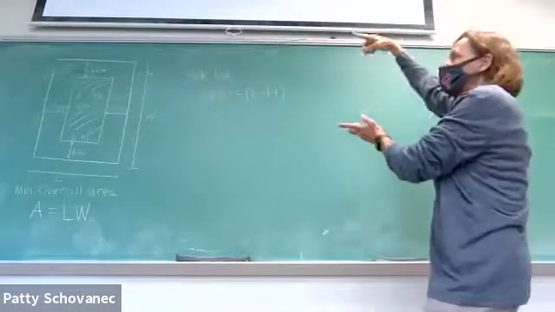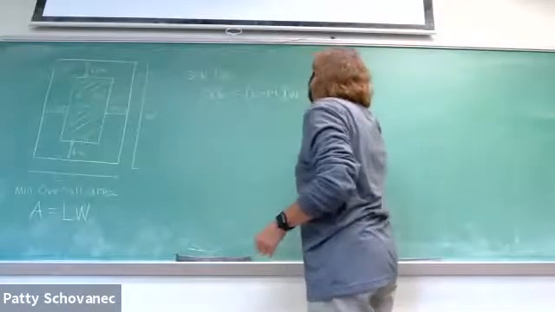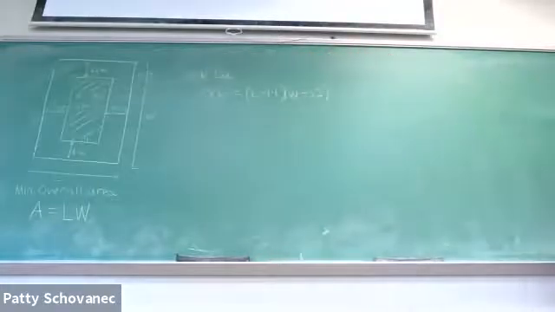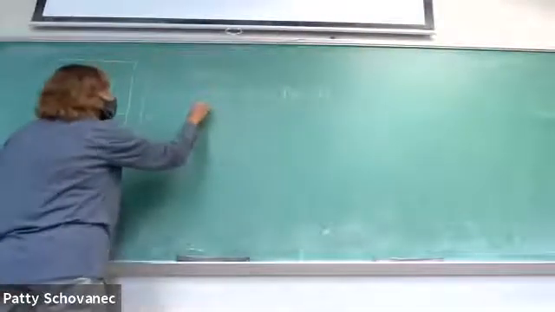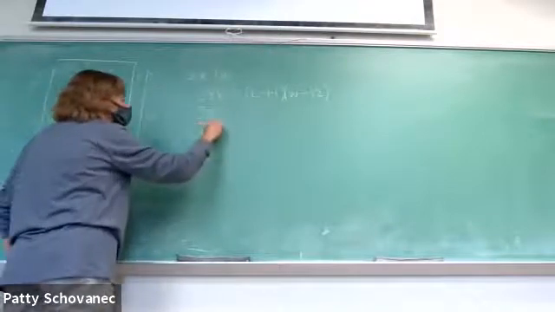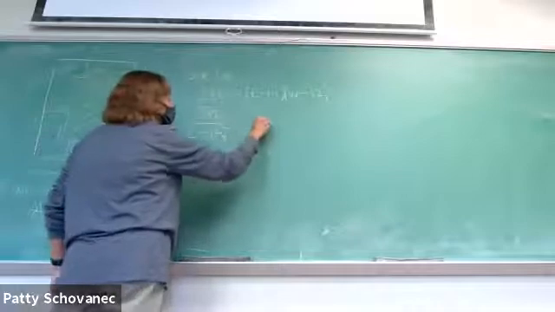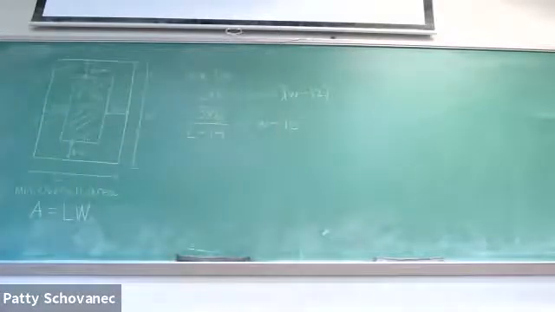So W minus the 12, gotcha. Pick a variable and solve for it. I don't know, doesn't matter. I'm going to go ahead and solve for W. So let's divide by this stuff. 386 divided by L minus 14 is W minus 12. And so add 12 to both sides and that will be W.